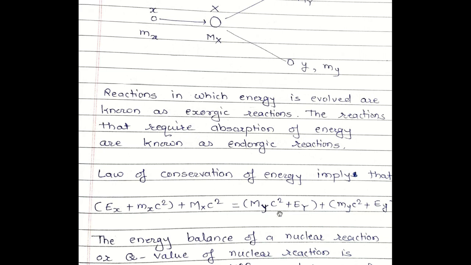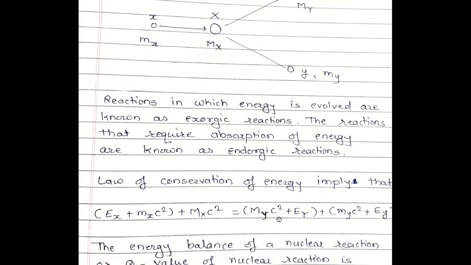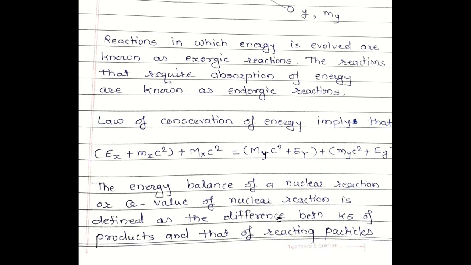That should equal the energy associated with the product nucleus and product particle, both moving in different directions after the reaction. This is the mathematical expression we obtain after applying the law of conservation of energy.